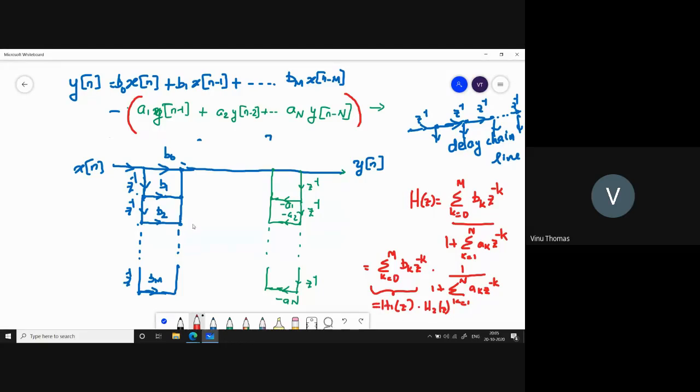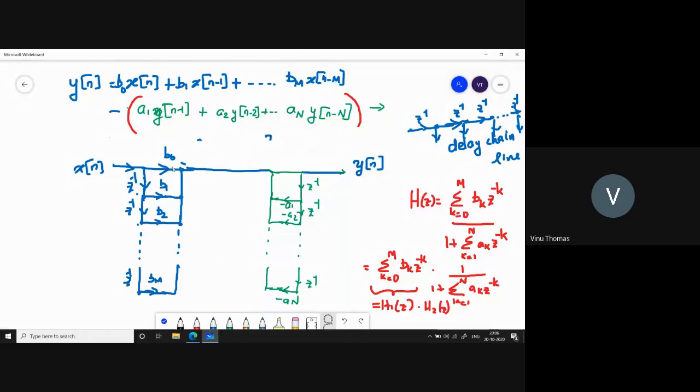And you see that whatever we have drawn using the blue color constitutes H1(z), and whatever we have drawn using the green color constitutes H2(z).